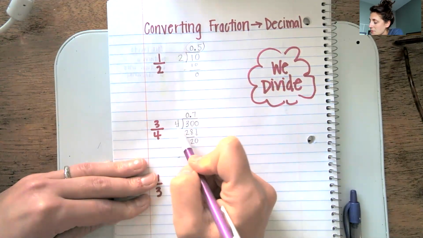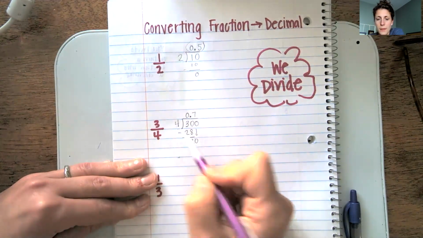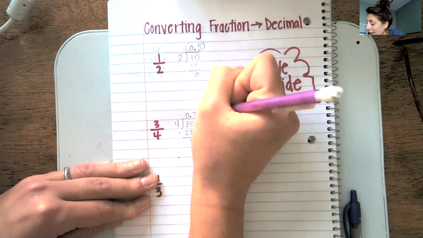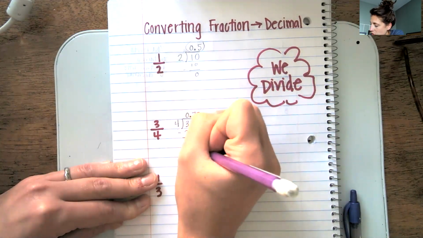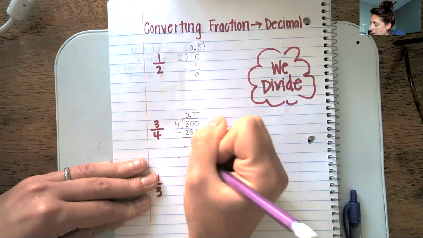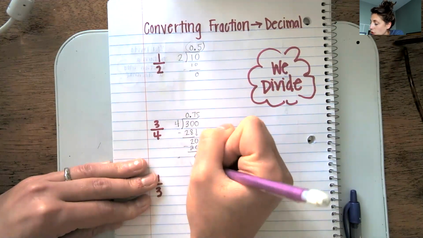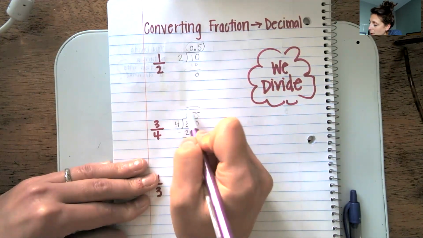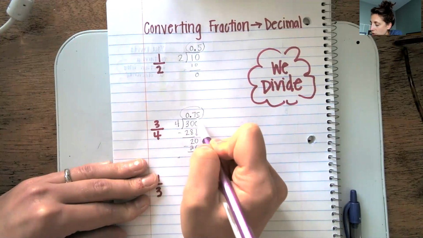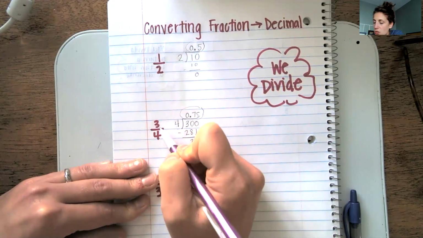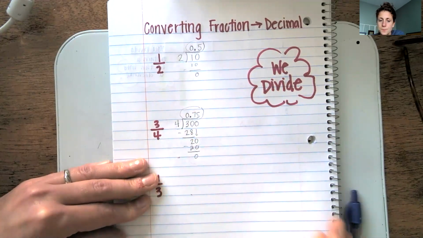So how many times does 4 go into 20? Well, I know that 4 goes into 20 5 times. 4 times 5 is 20. 20 minus 20 is 0. I have no remainders, so therefore I know that my answer is 0.75 or 75 hundredths. That is equivalent to the fraction 3/4.